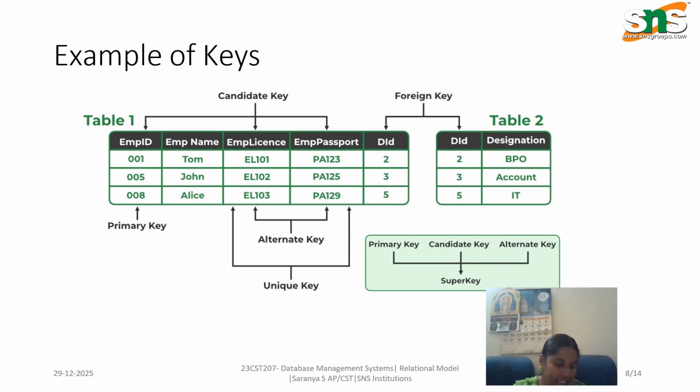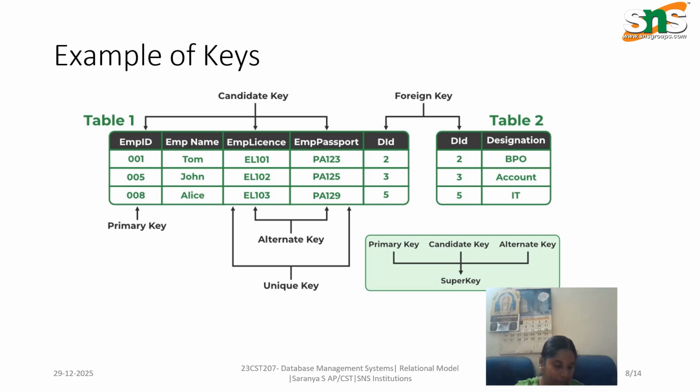And a candidate key is a minimal set of a super key. There can be more than one candidate key. A candidate key can never be null or empty and its value should be unique. Examples of candidate keys are employee ID, employee license or passport.